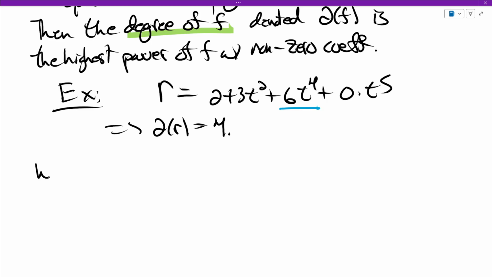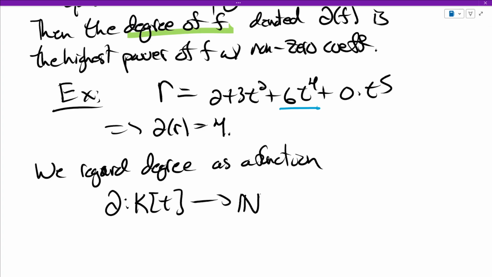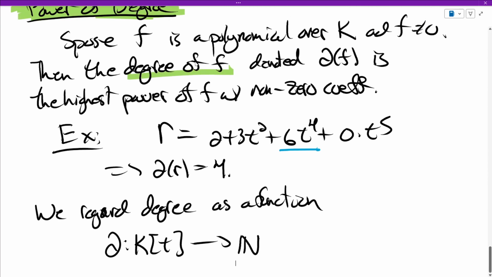So we regard the degree as a function from the polynomial ring to the natural numbers. Actually, that's not right. This is false. It's not right because I said in the definition of degree we have to have a non-zero polynomial.